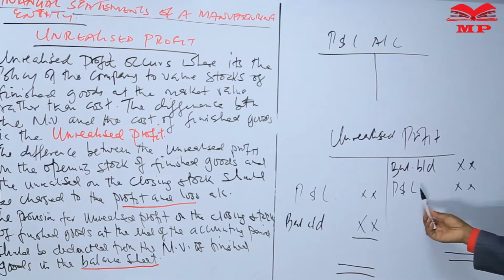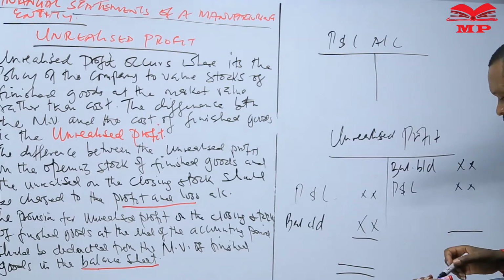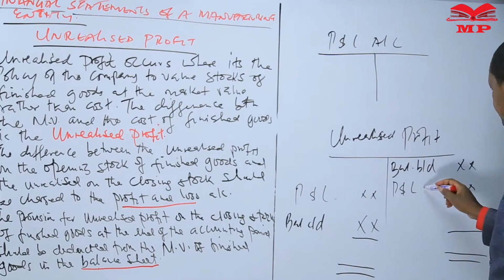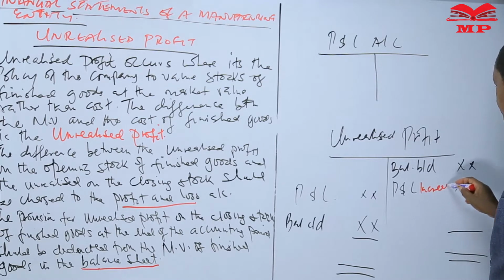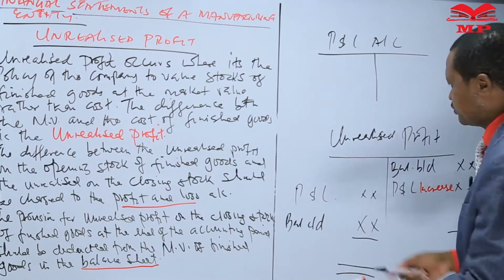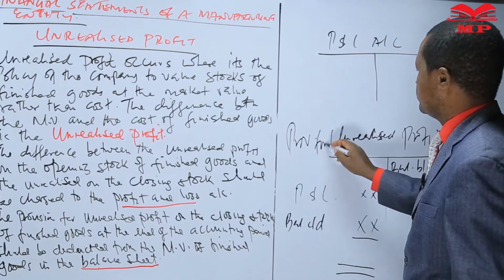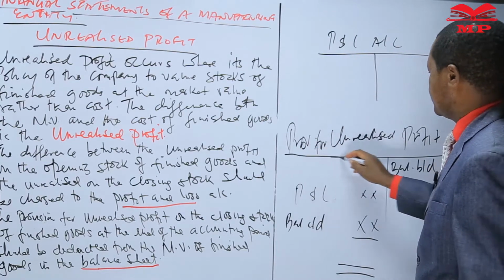If the balance appears on the credit side, then it means this is an increase in the provision for unrealized profit. This is the provision for unrealized profit account.